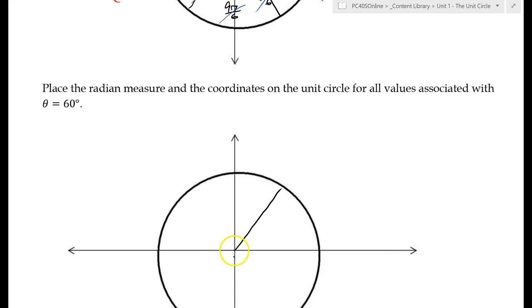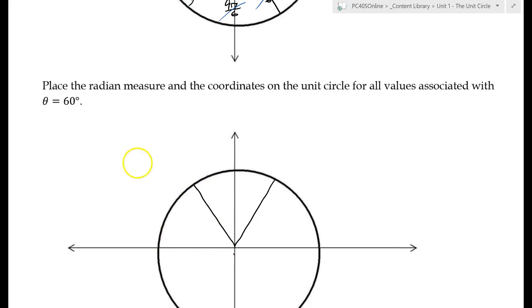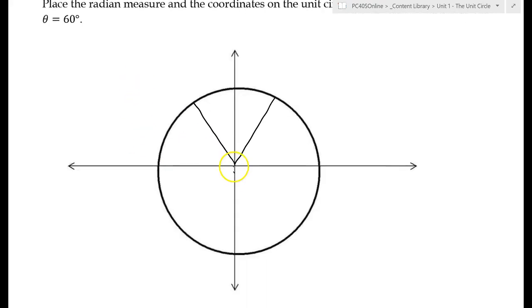I go 60, 120, it's a little too close to 45s. 60, 120, 180, and then 240, and 300. And then obviously making it all the way back to 0.